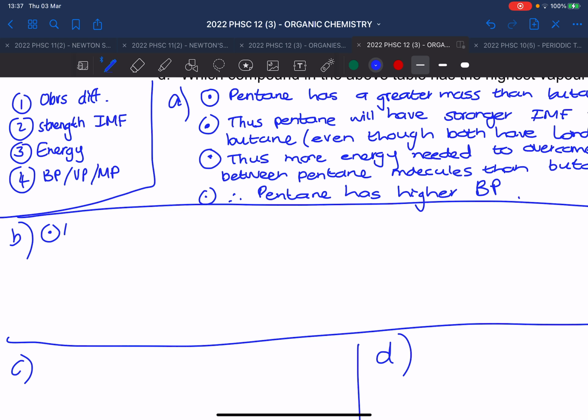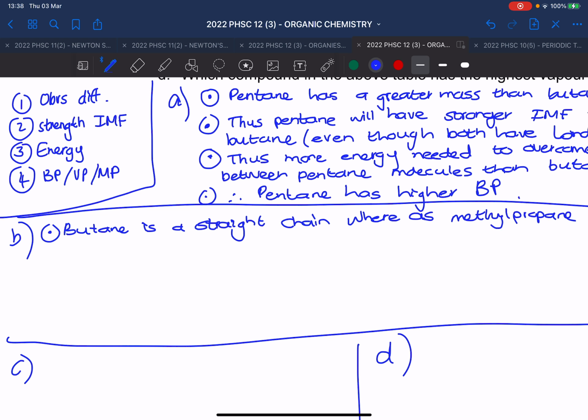So you're going to say butane is a straight chain, whereas methyl propane is branched. Okay. Right, so you're stating the obvious difference.